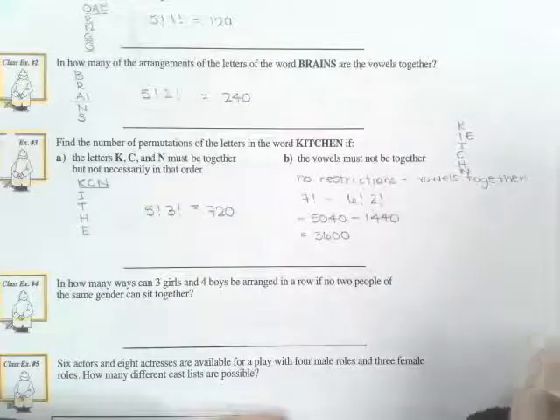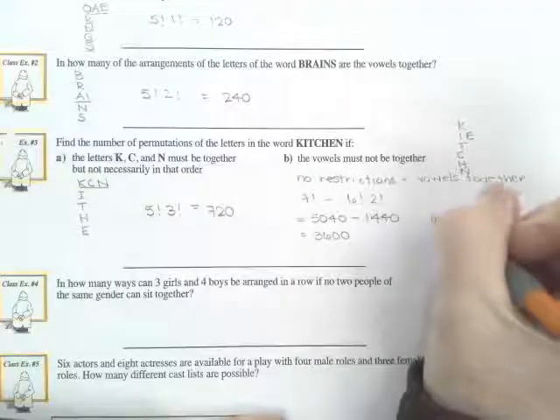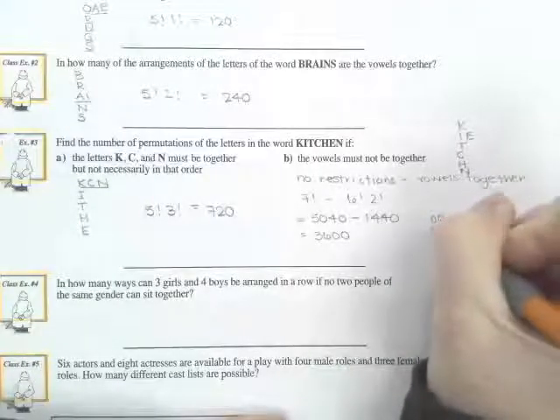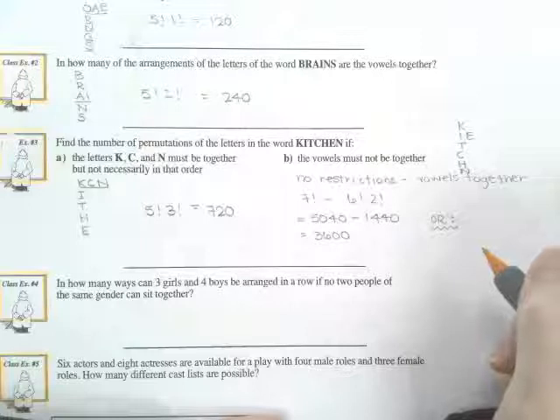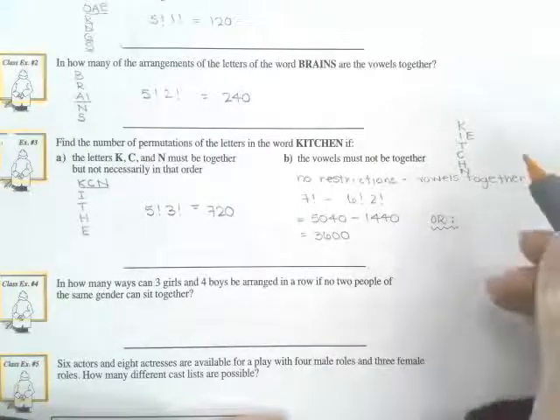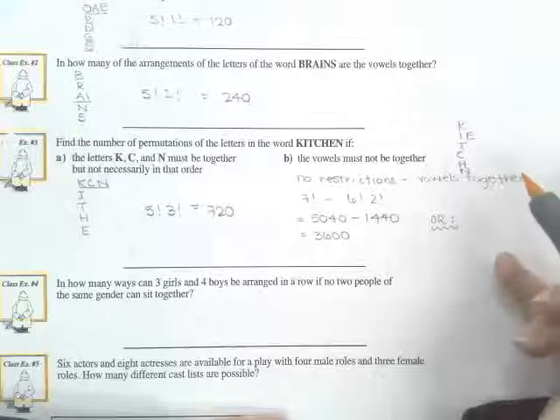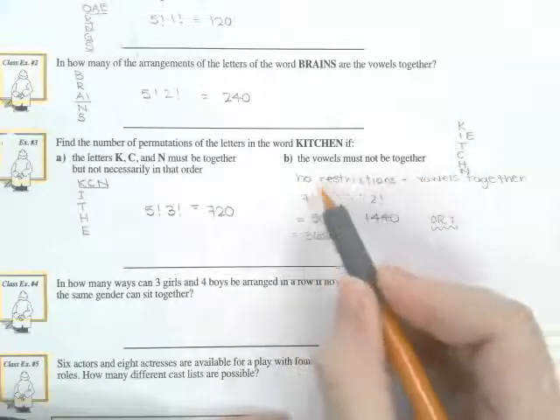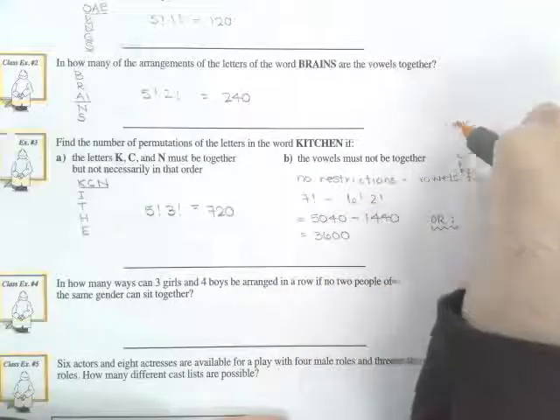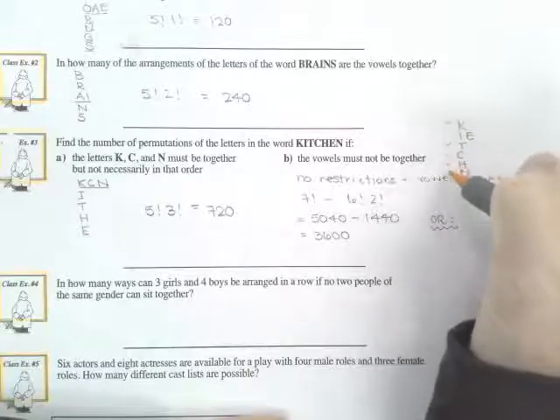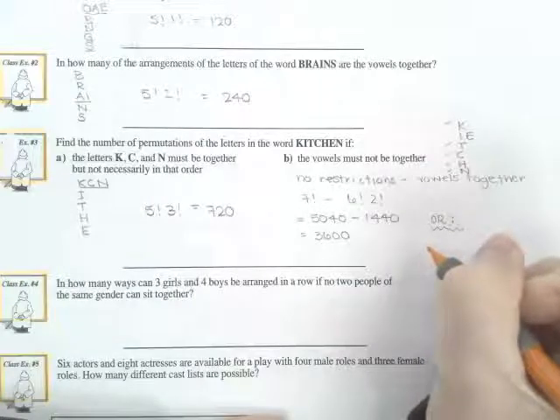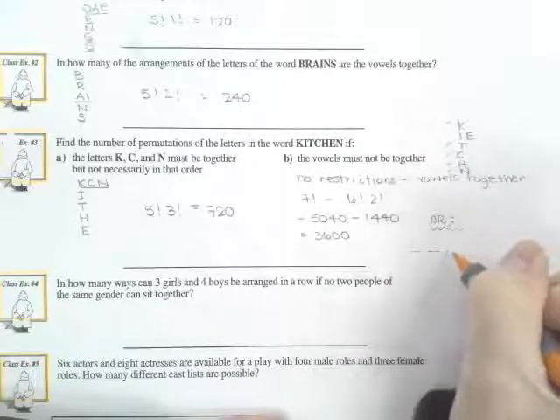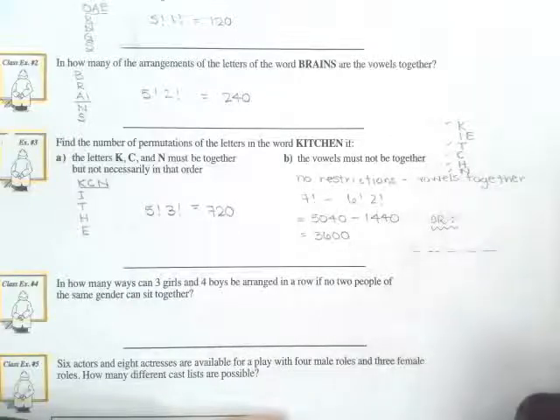You can think about this another way, and that is if you kind of think of them as people and you're seating these people on a row of chairs or on the floor maybe. So if I seat the people with no restrictions, so that's going to be the K, T, C, H, and the N. So I've got 5 people to seat. So 1, 2, 3, 4, 5. There they are seated.